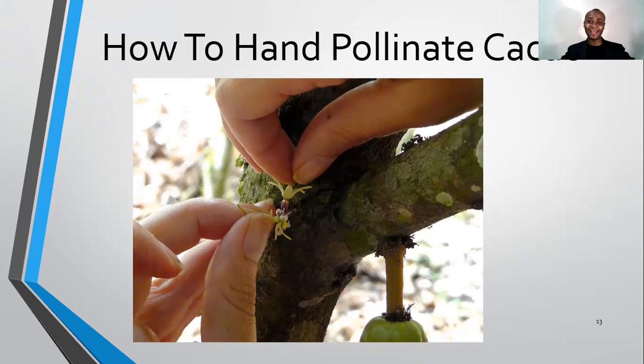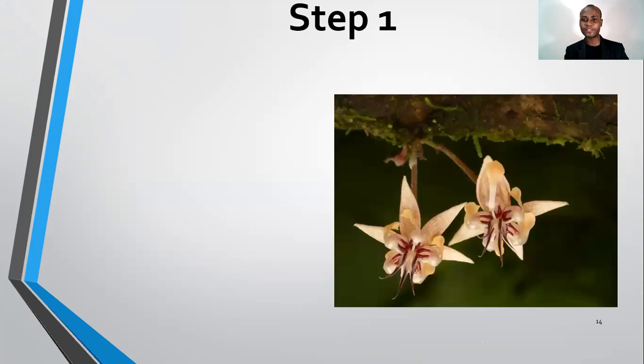Wow, there's a lot of flowers. However, after a few weeks, you go there, and all the flowers are falling. And you get sad. What's going on with my farm? But the good thing is, if you practice hand pollination, you can really make a big difference in your crop yield.